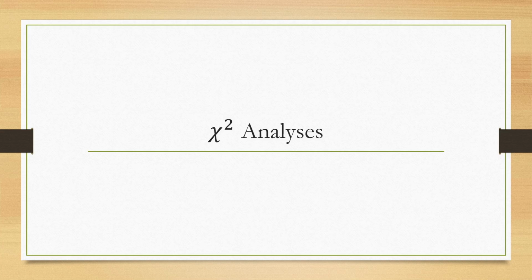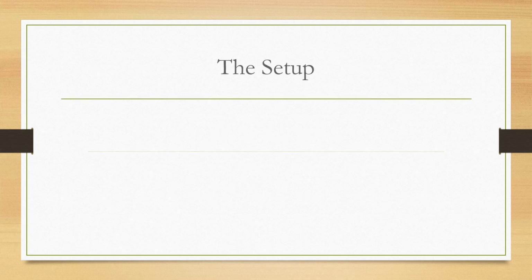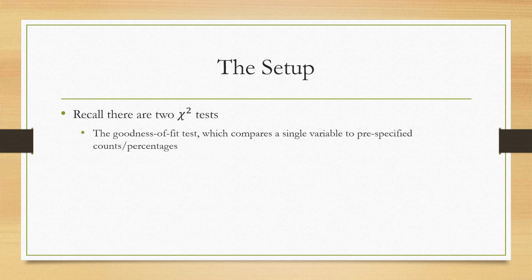In this video, we're going to be discussing some of the details of the chi-squared analyses, focusing on some of the general setup necessary to implement both the chi-squared goodness of fit test and the chi-squared test of independence. So recall that there are two chi-squared tests: the goodness of fit, which compares a single categorical variable to pre-specified counts or percentages.